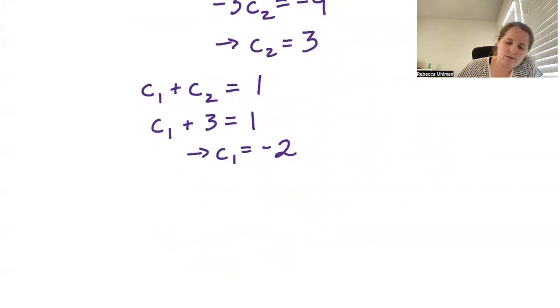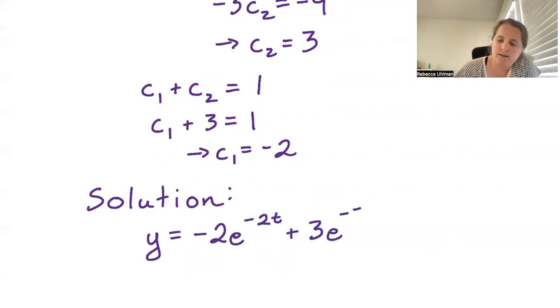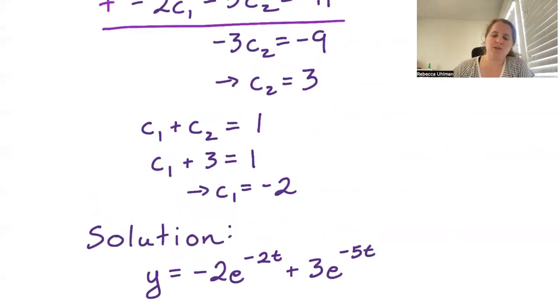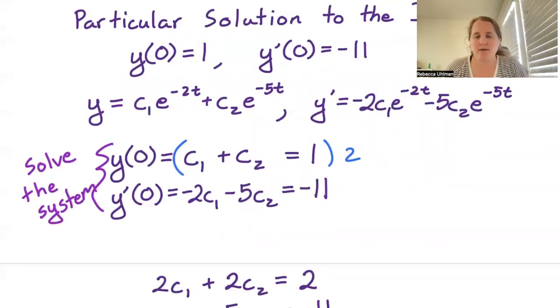So our final solution would be y is equal to negative 2 e to the negative 2t plus 3 e to the negative 5t. Always be sure that your c1 and c2 are in front of the correct solutions. It's easy to swap which one was paired with c1 and which one was paired with c2.